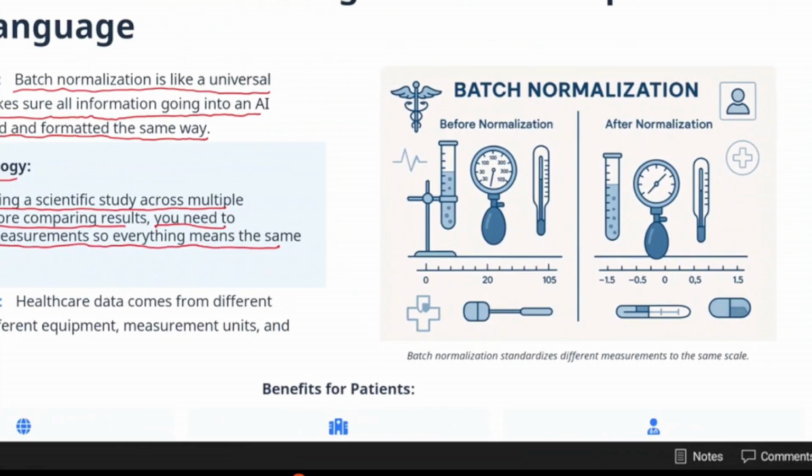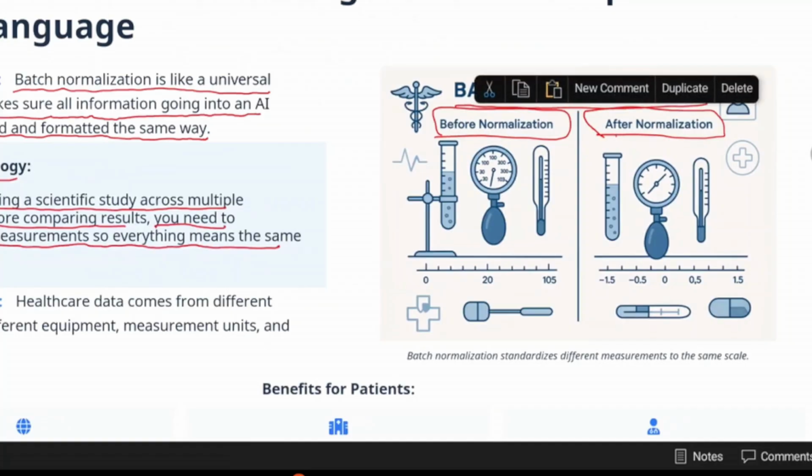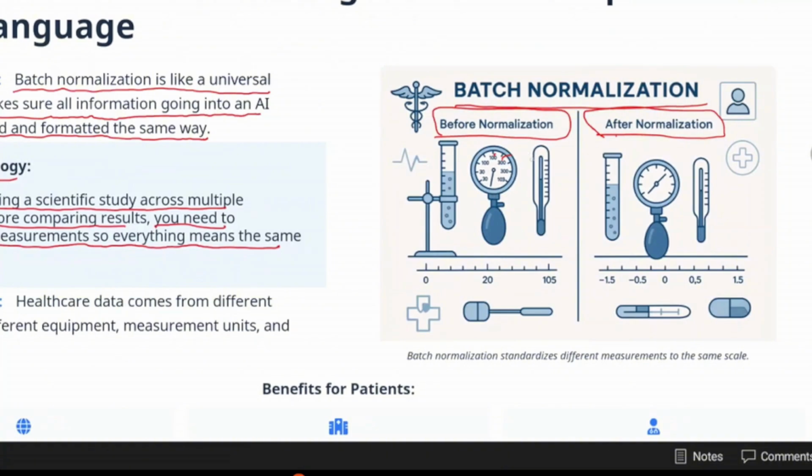Let's look to exemplify from this image as an example of batch normalization. So before normalization and after normalization, you see all of these numbers here, and you have a 0 to, let's say, 105 perhaps, right? And I'm not going to suggest what they signify, but just to give you an idea.